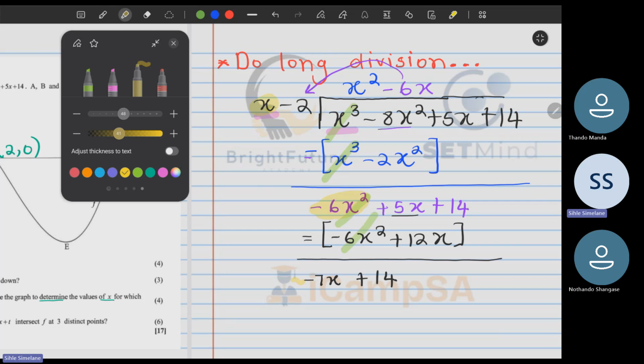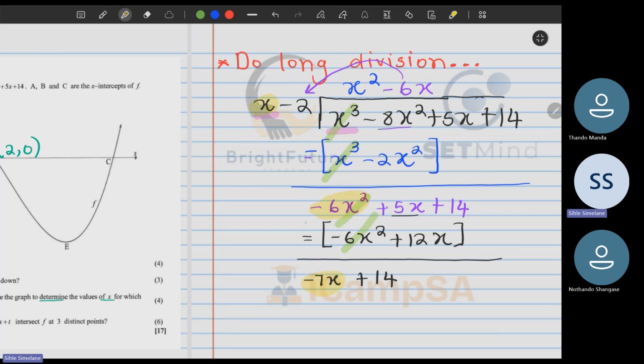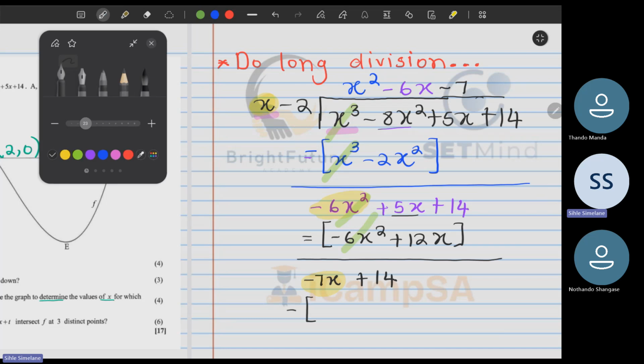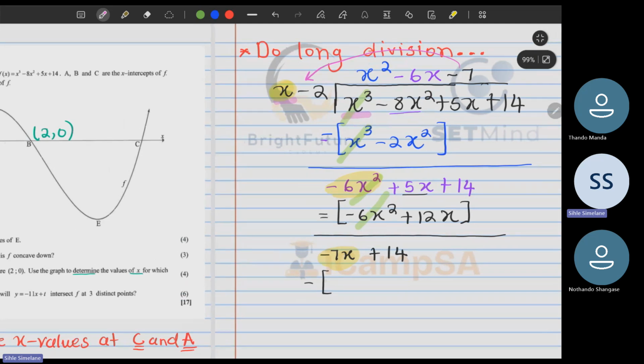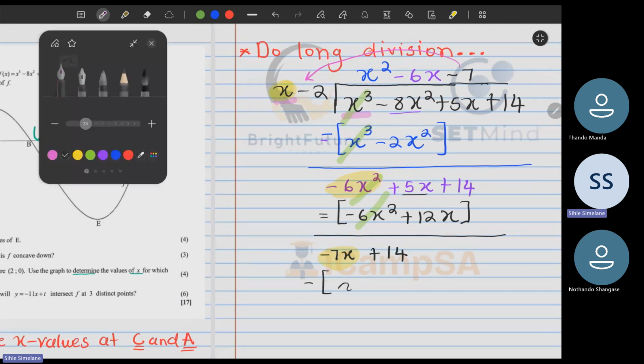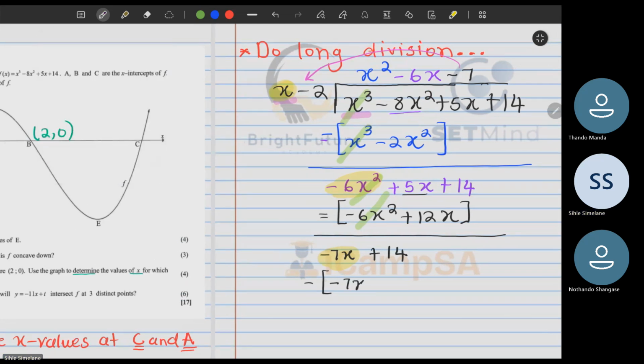Then you take the minus 7x and divide by x, and your answer ends up being minus 7. Then you put in the minus. You take the minus 7 and multiply it here: minus 7 times x becomes minus 7x, and minus 7 times minus 2 becomes 14.